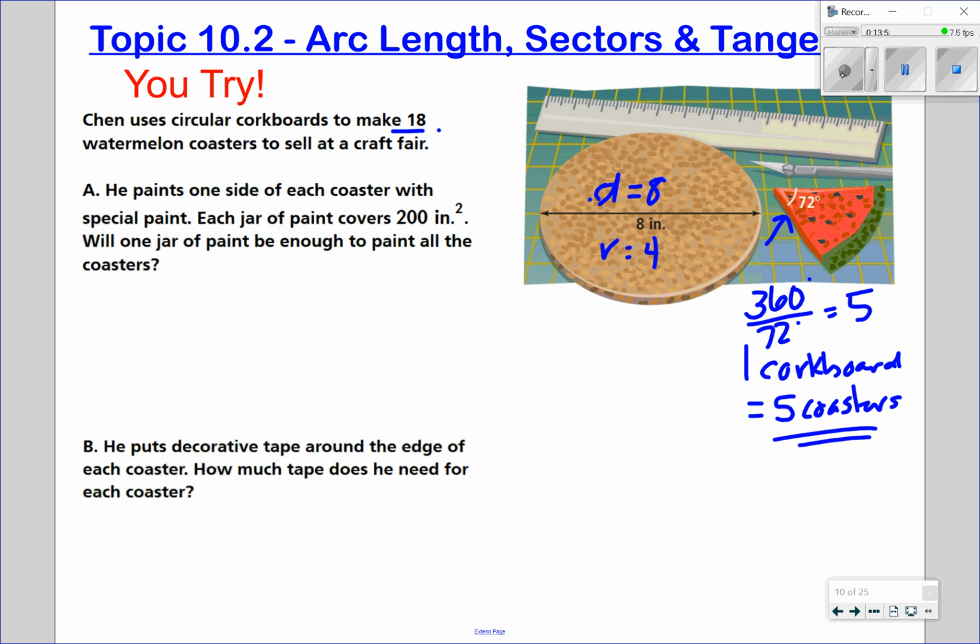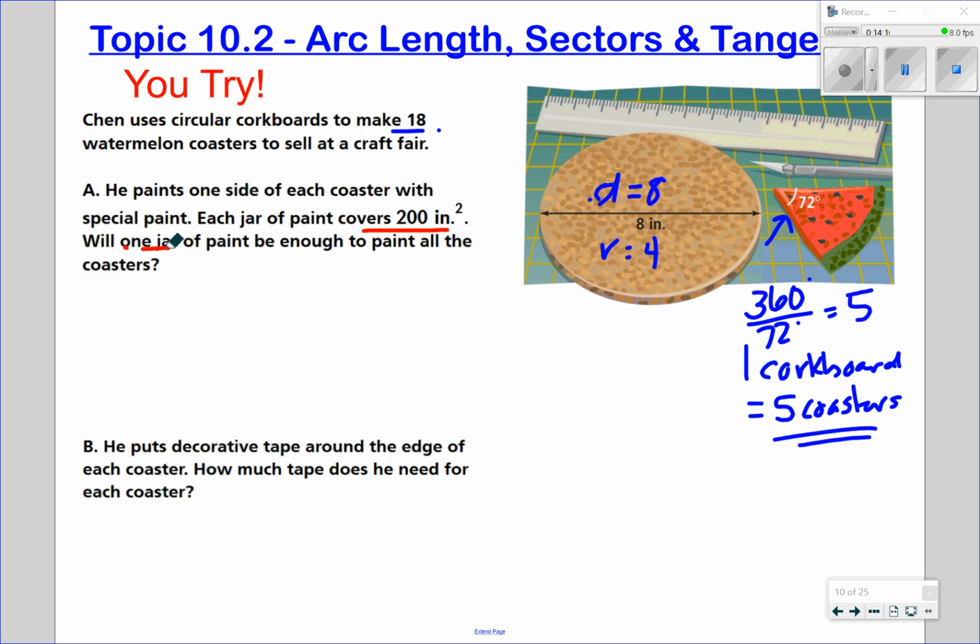All right, let's look at part A. Chen is painting one side of each coaster with special paint. Each jar of paint covers 200 square inches. Will one jar of paint be enough to paint all the coasters? Let's figure out how much paint he would need to cover one coaster. So that means area.